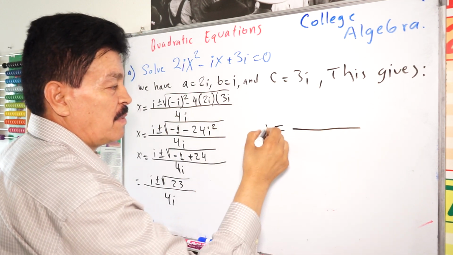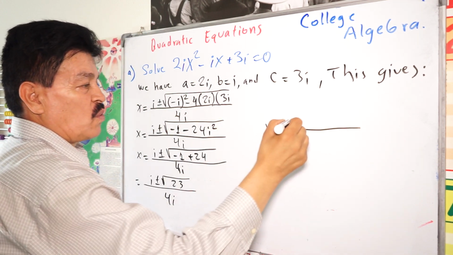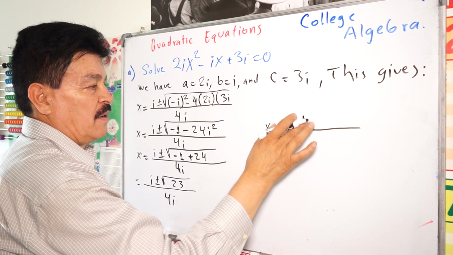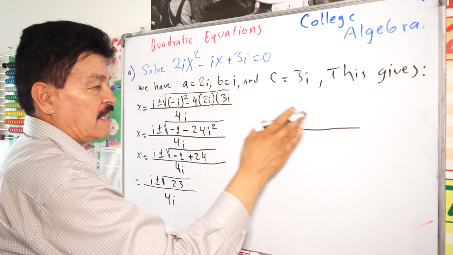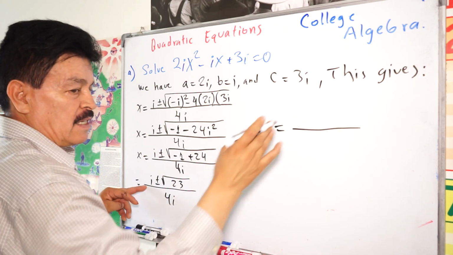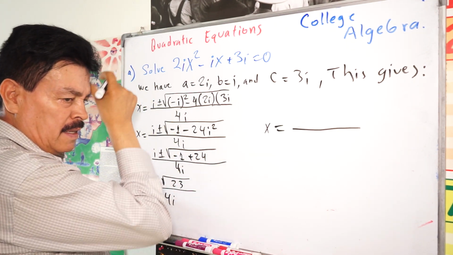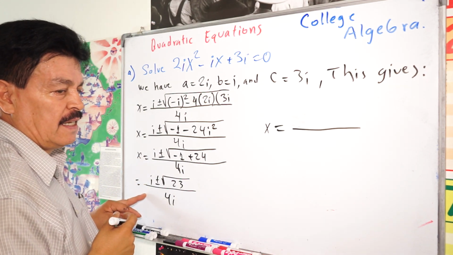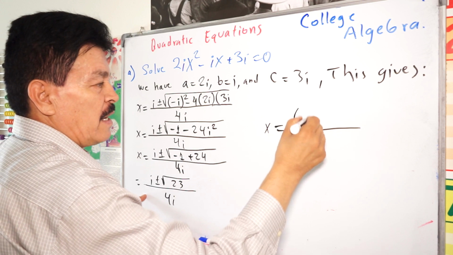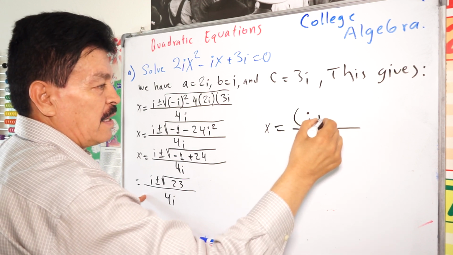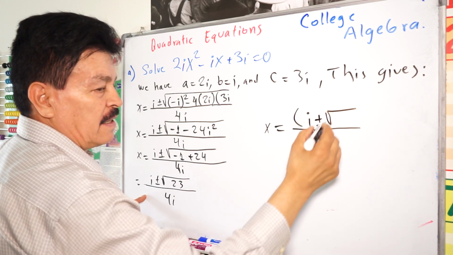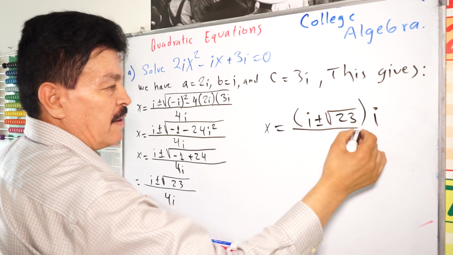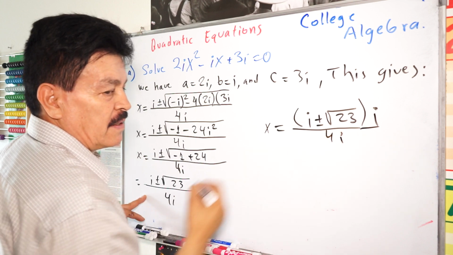Now let's write i plus minus 23 times i divided by 4i.